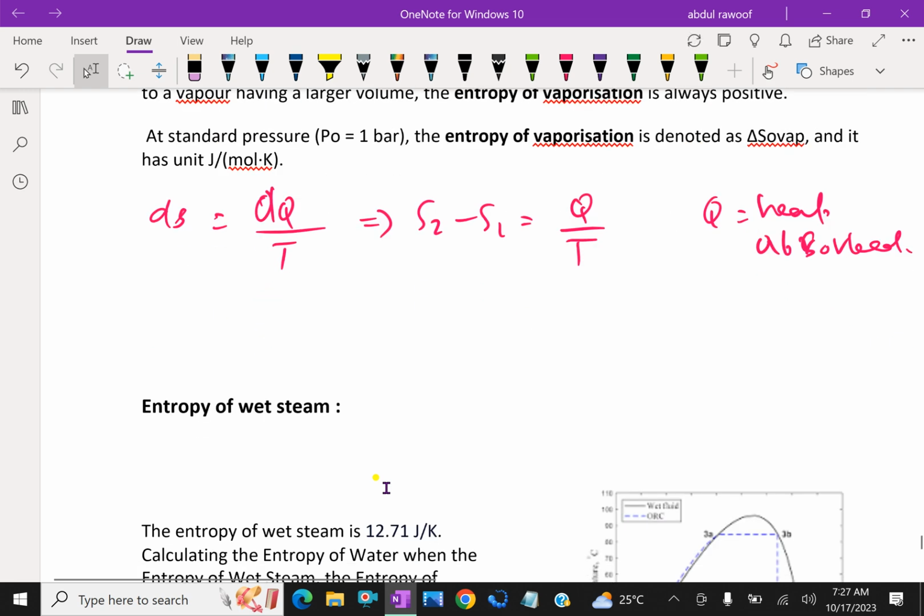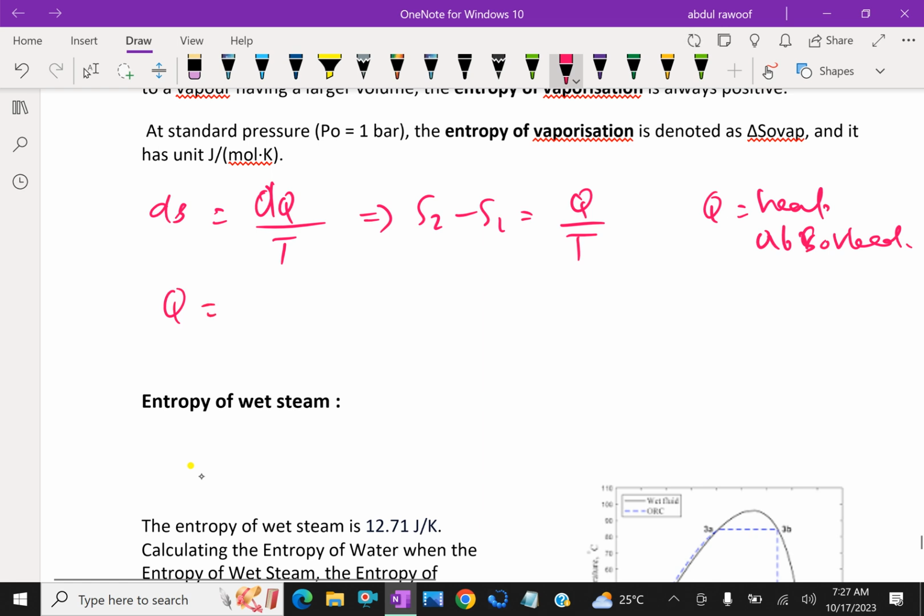Then here, when water is evaporated to steam completely, the heat absorbed is the latent heat, and this heat goes into water without showing any rise of temperature. That is Q equal to hfg, and S evaporation, entropy of evaporation, is equal to hfg over Ts.